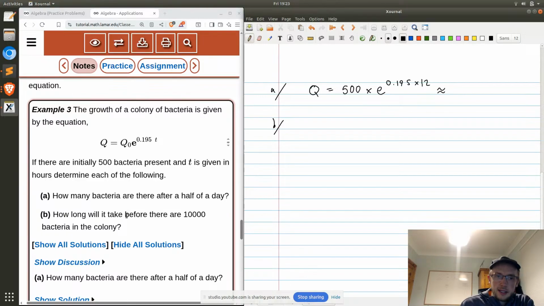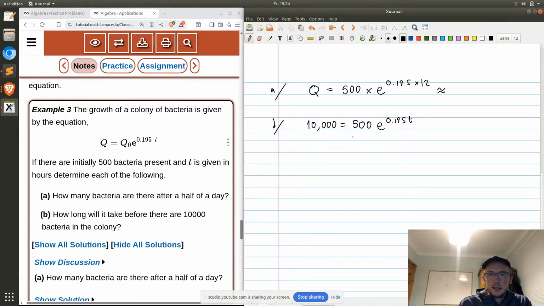How long will it take before there are 10,000 bacteria in the colony? So now, here's my goal state, 10,000. And my job is to compute t in this, and that will tell me the amount of time in hours.